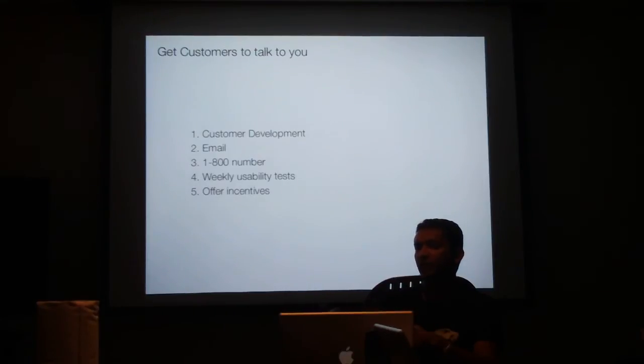And then the offer incentives piece. Our product had a free trial period, and at the end of the trial period, if we were going to lose this customer anyways, we might as well give them some freebies to understand why they weren't using the product. Was it the product that they liked, or the pricing? If they didn't really like the product, they would say so, and we would offer them something, either a t-shirt or a $20 gift card, just to get them on the phone for 15 minutes so we could understand why they're not staying on.